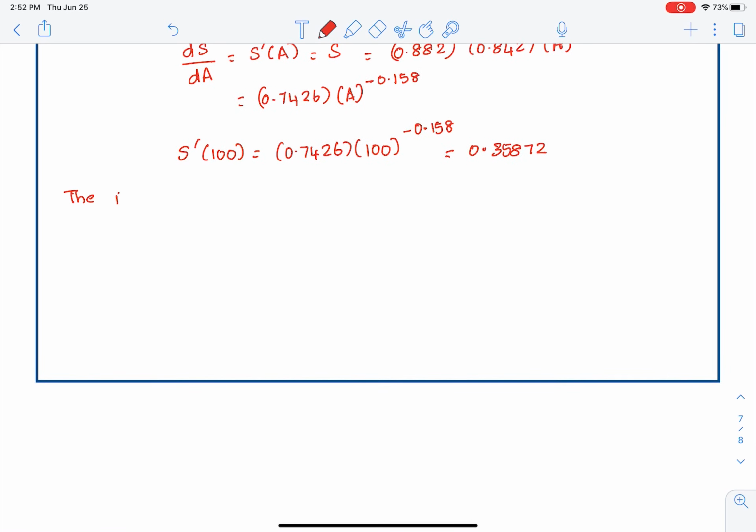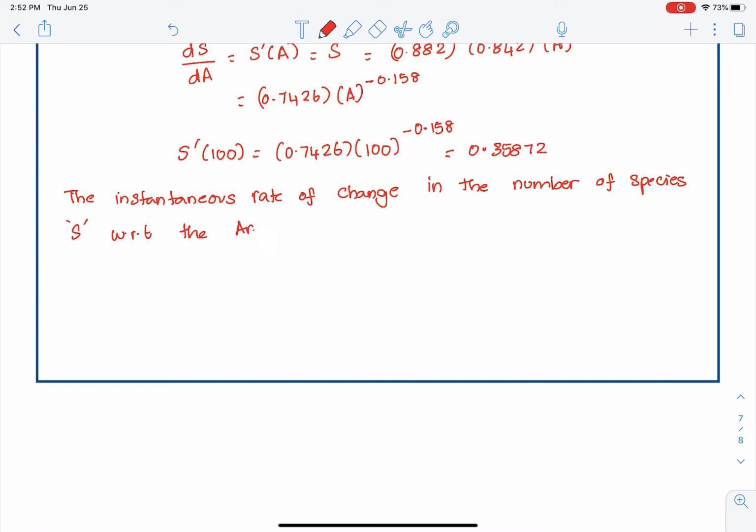The instantaneous rate of change in the number of species S with respect to the area A at A equals 100 is 0.35872.